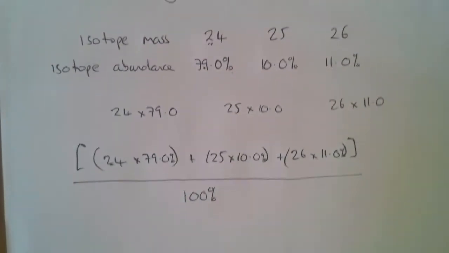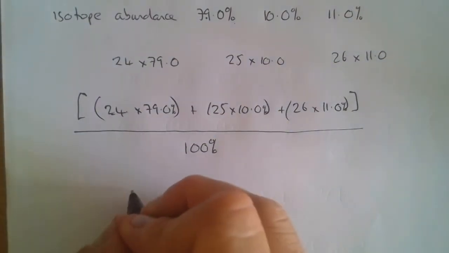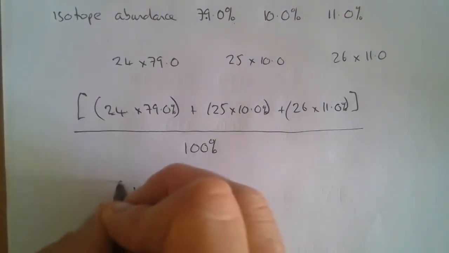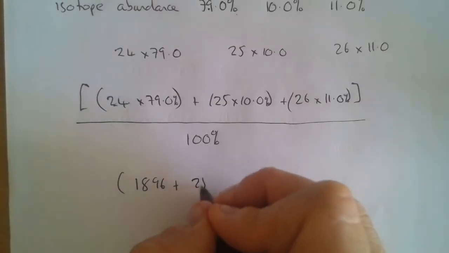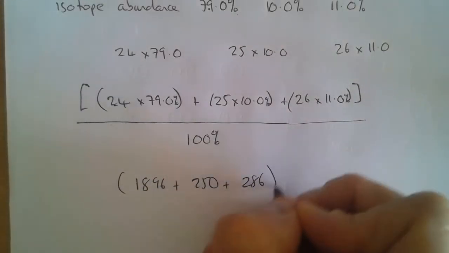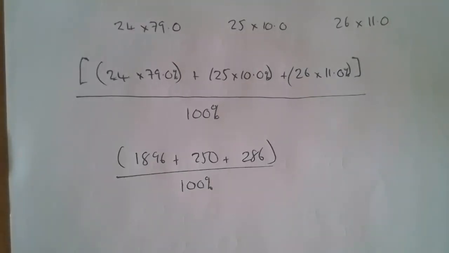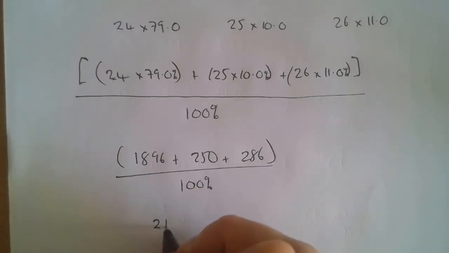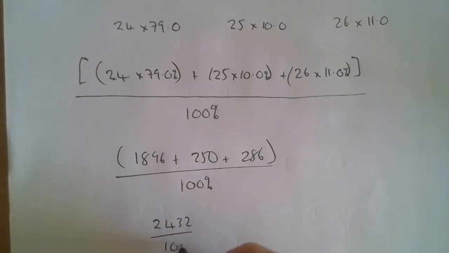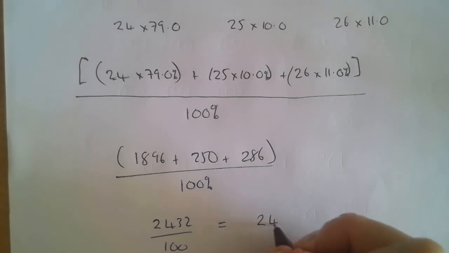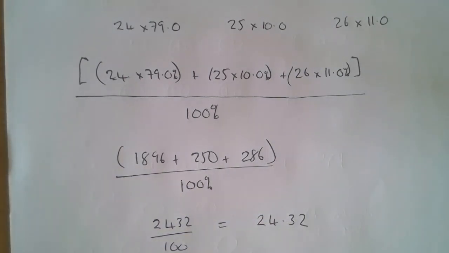If we start to break this calculation down, then we find out that we've got 1896 plus 250 plus 286 all over 100%. And the percents will all cancel out in the calculation. Then that breaks down to 2432 divided by 100, which gives us an answer of 24.32.